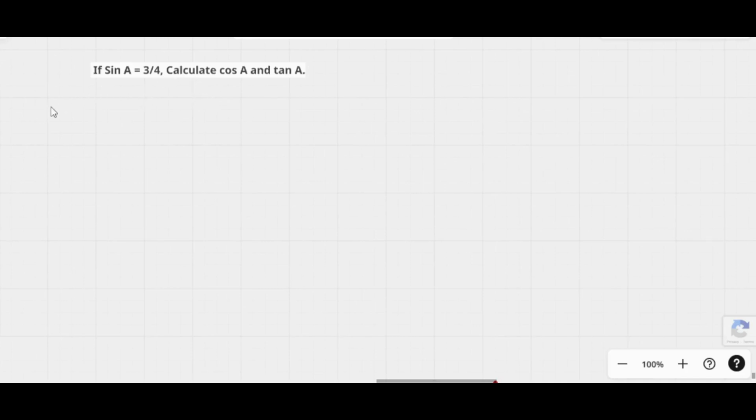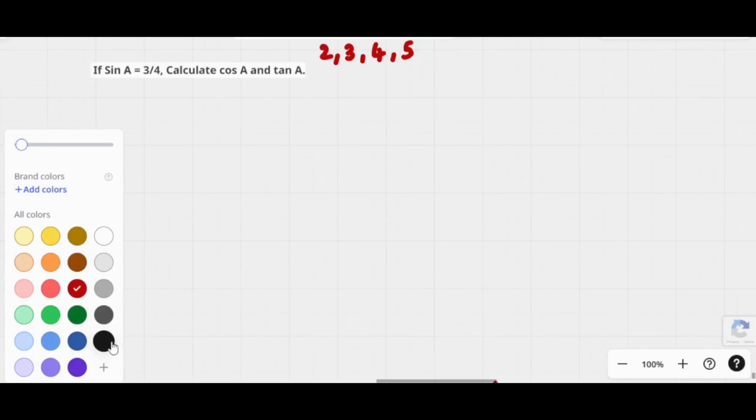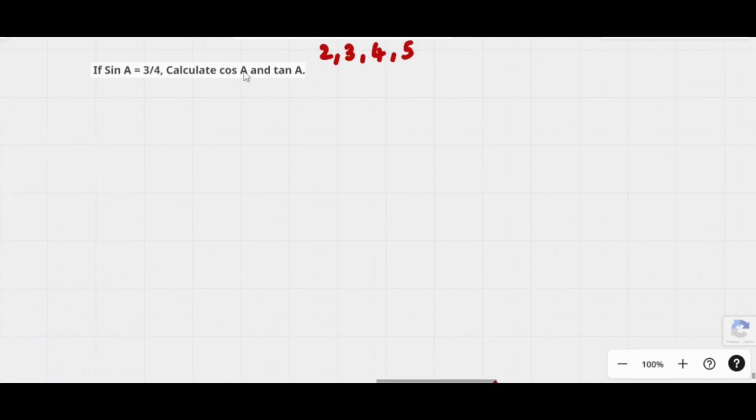I also want to tell you one thing. If it is a 2 mark or 3 mark or 4 mark or 5 mark question, you have to write everything step by step. But if it is a 1 mark question, you don't need to write it all.